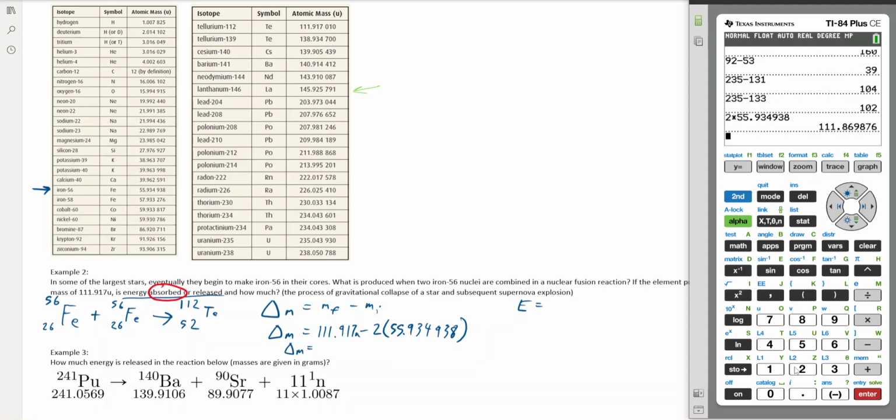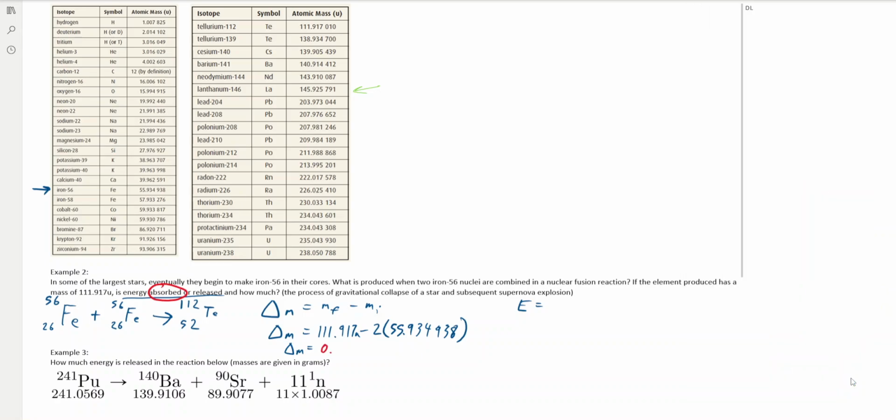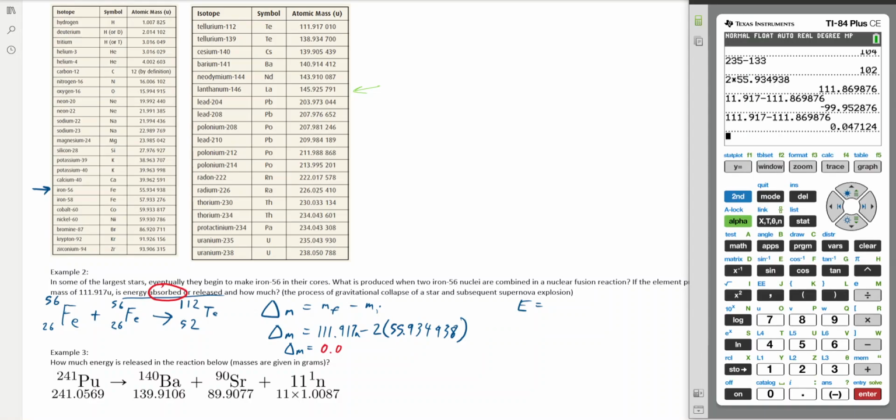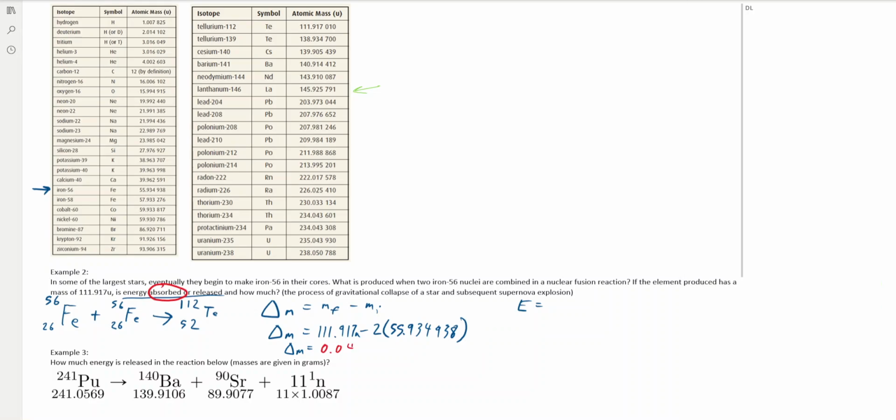So if we take 111.917 minus this, it tells us our change in mass, which is 0.047124, but this is U, atomic mass units.